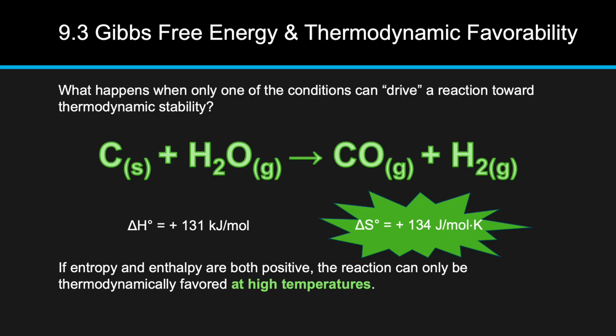So when we have these two conditions and we are at a low temperature, the energy requirement, or delta H, is going to dominate, which tells us that the reaction is not going to be favored. However, if we have this set of conditions occurring at a high temperature, the importance of increasing disorder becomes stronger and outweighs the energy cost needed. So the reaction becomes overall thermodynamically favored.